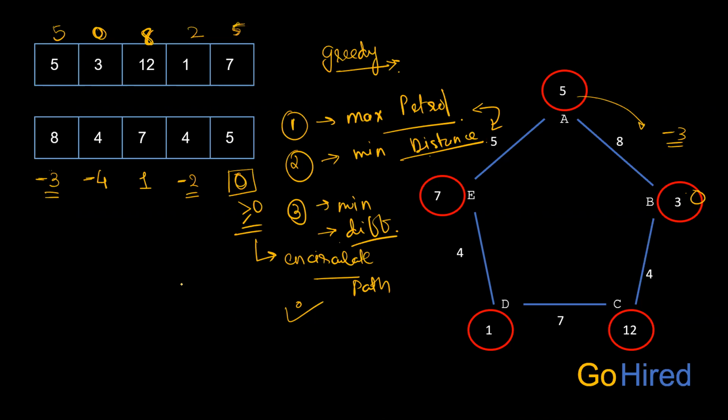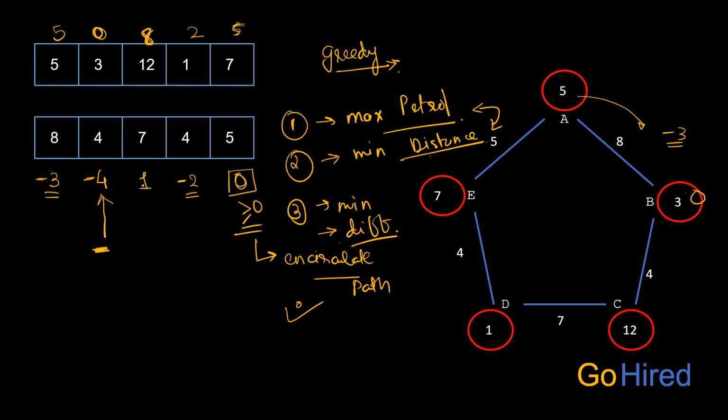Now, thinking about the same thing, you see there is a minimum difference over here. That means in a worst case, if I'm starting from A, or from B, or even from E somewhere, if you start from A, you land on -4 over here. If you start from E, probably some minimum number you will land over here. So my hunch is that over here I have minimum petrol.